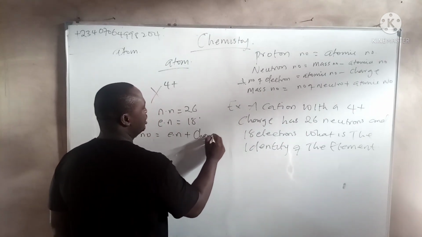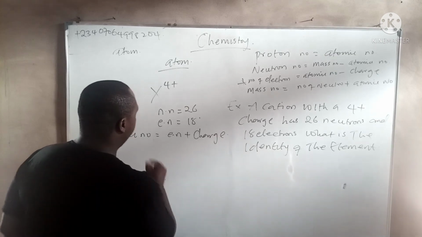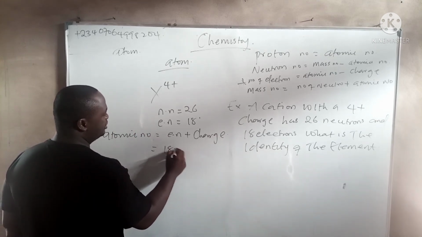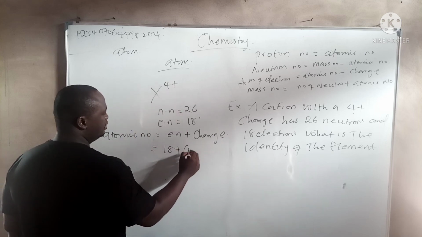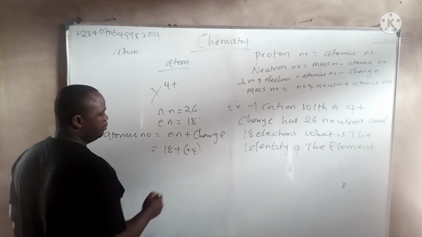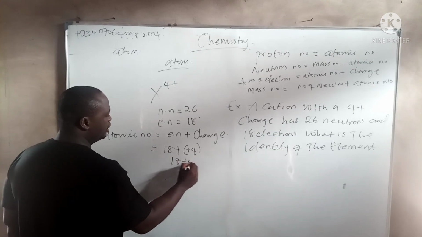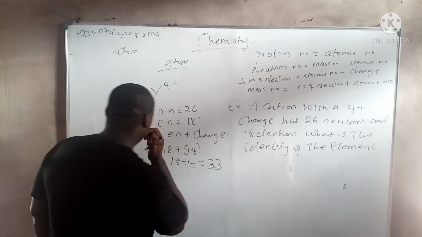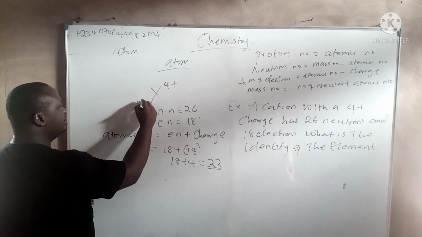From here, the electron number is 18 plus the charge. Plus times plus should give you plus. So this is 18 plus 4, which will give you 22. Now, the atomic number is 22.